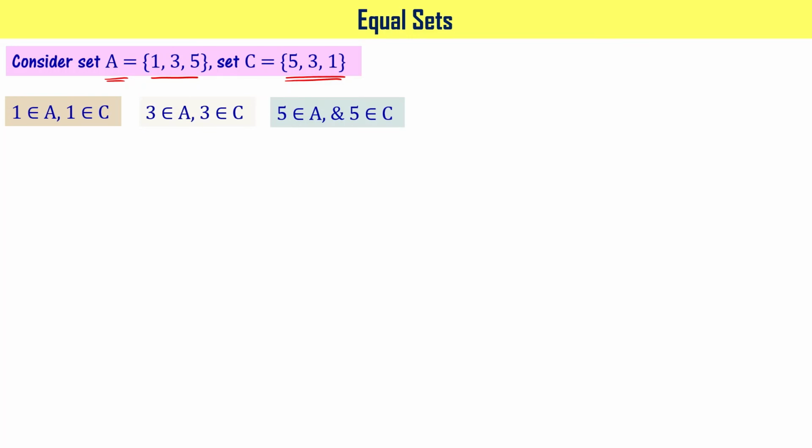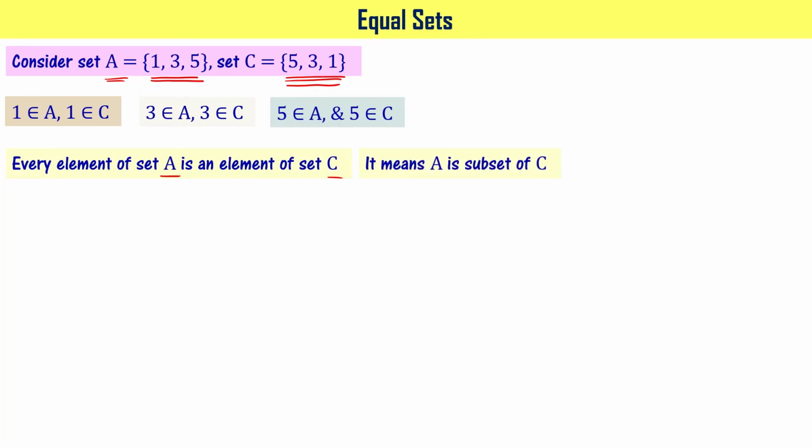Meaning all the elements of set A are present in set C. Every element of set A is an element of set C. In a similar scenario earlier, we wrote that A is a subset of C, because every element of A is present in set C. Now look at this.